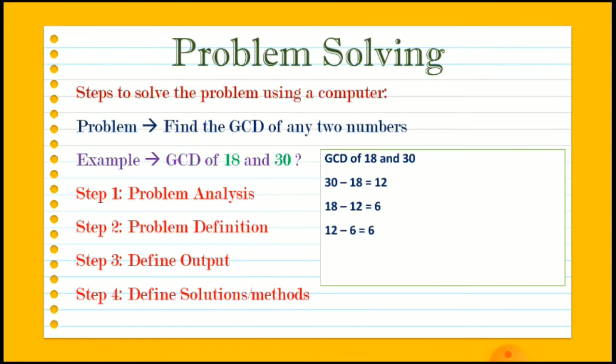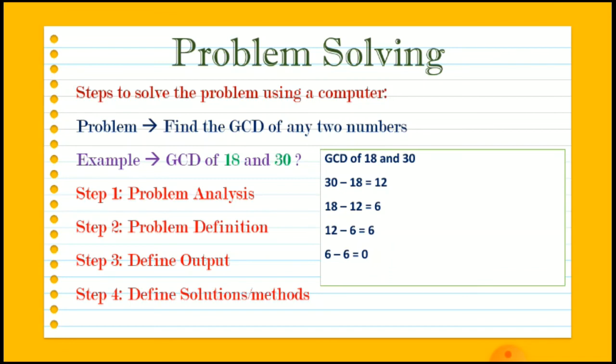So now take the previous answer, that is 6, and the smallest number from 12 and 6. So your two new numbers are 6 and 6. So subtract 6 from 6. The answer is 0. So when the answer comes 0, whichever is the previous number, that will be your GCD.